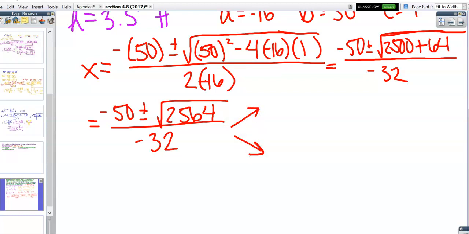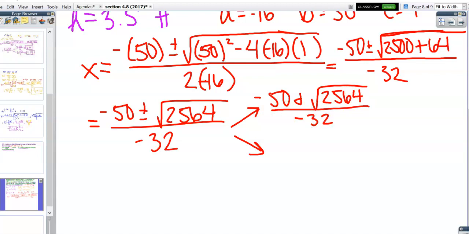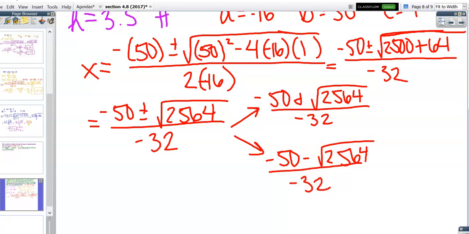So the first value we're going to type in is negative 50 plus the square root of 2,564 over negative 32, and then negative 50 minus the square root of 2,564 over negative 32. And let's type these into the calculator.